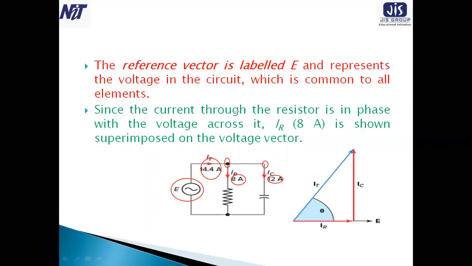Now we know that for a purely resistive circuit, the voltage, or EMF, of the circuit will be along the x-axis. So IR, the current through the resistor, and the voltage will be in the same phase.